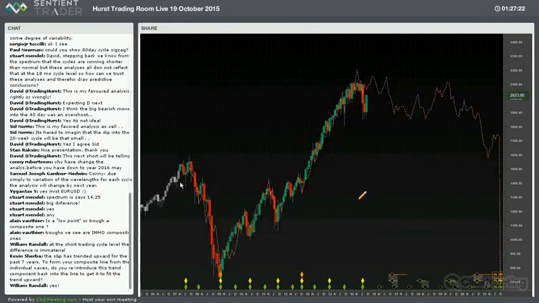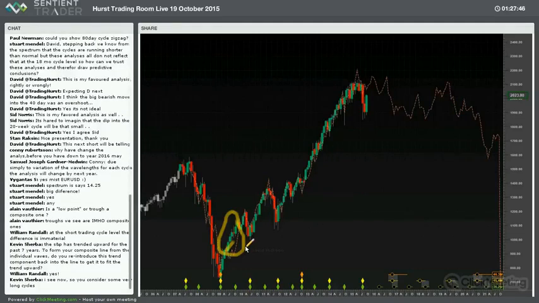Where the composite model line deviates from price movement, that indicates that there was some influence on price that was not a part of our composite model. In other words, during that period that I've drawn a little circle around, you can see price was much more bullish than our composite model, although the composite model line caught up with it.